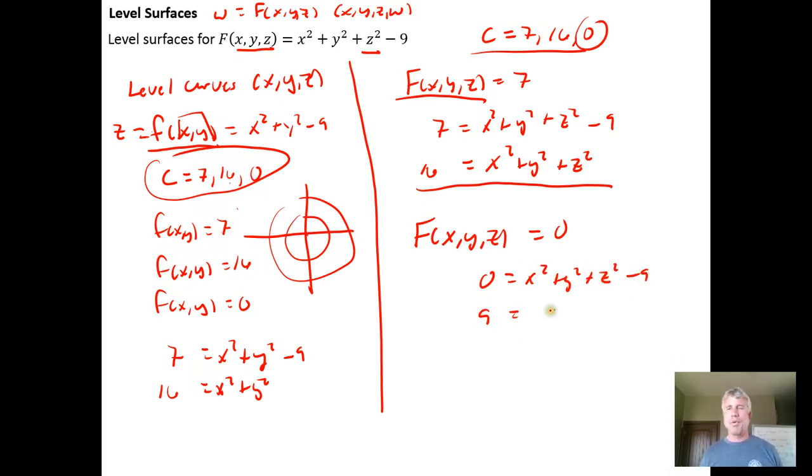Add that 9 to both sides. In this case, for the level surface big F equals 0, we get a sphere of radius 3.